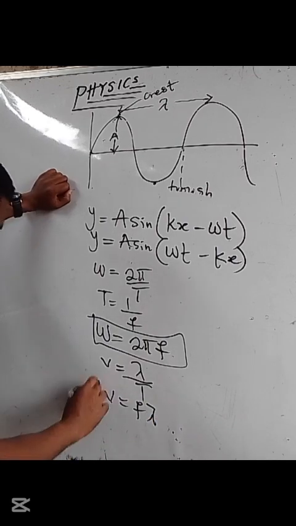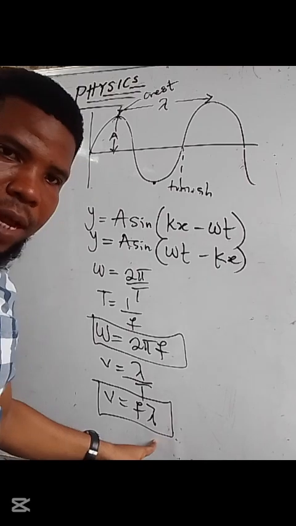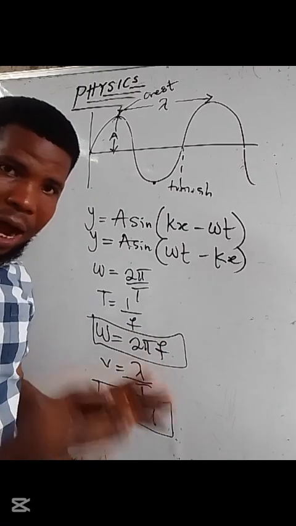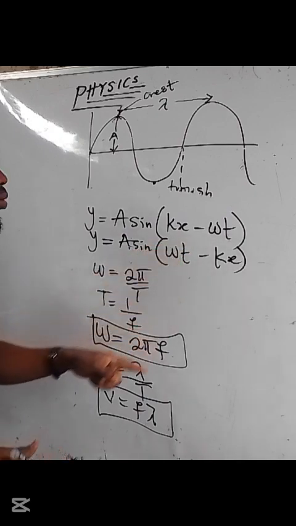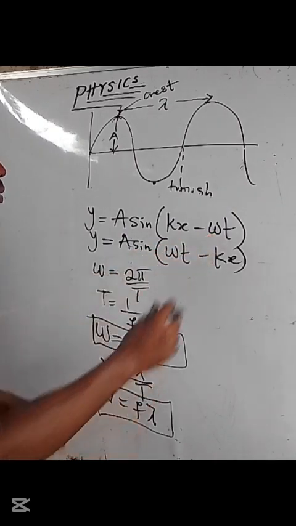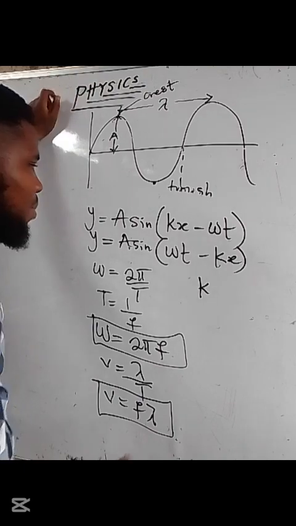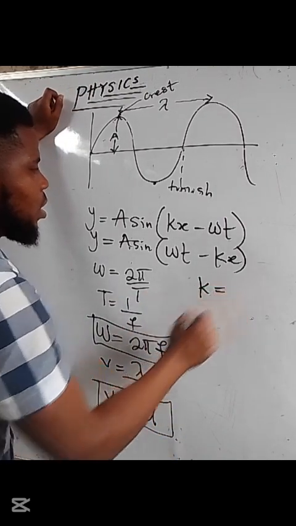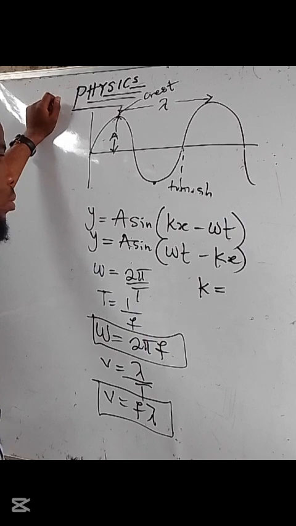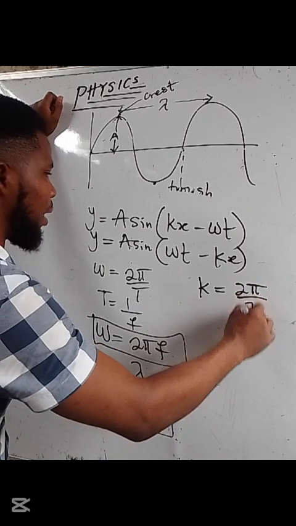Can you see? Frequency times wavelength. That is it about velocity. I hope you understand. Then the other thing we have here, the wave number k, can be determined as k is 2 pi over lambda.